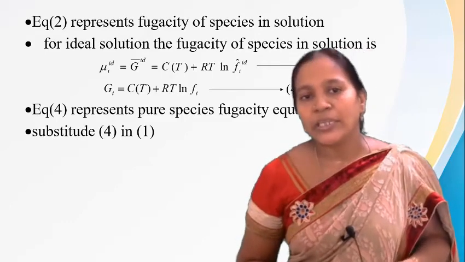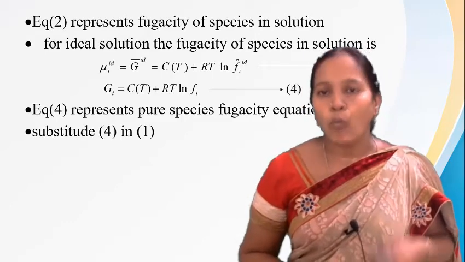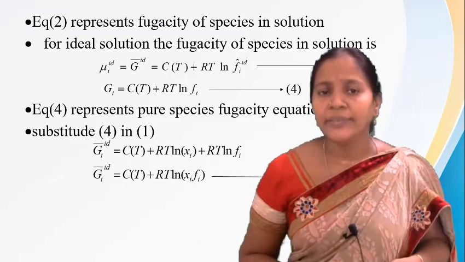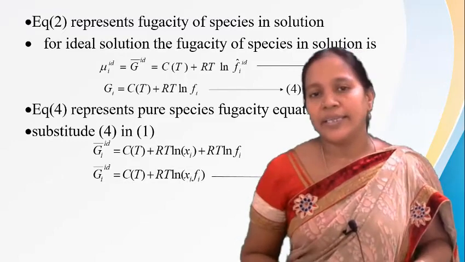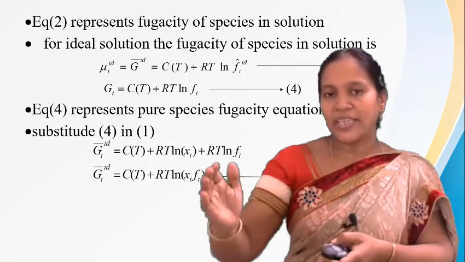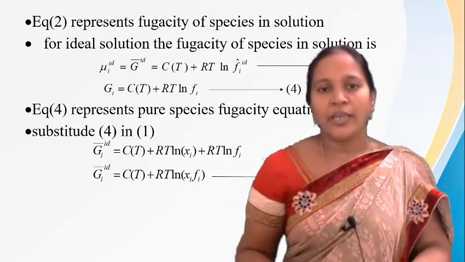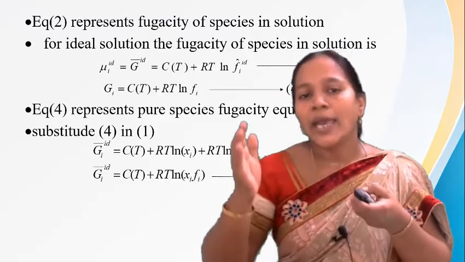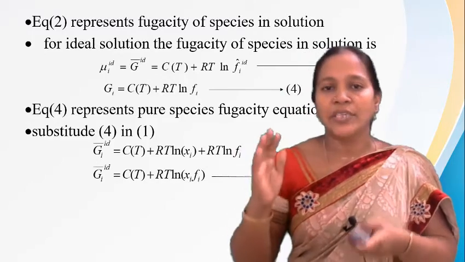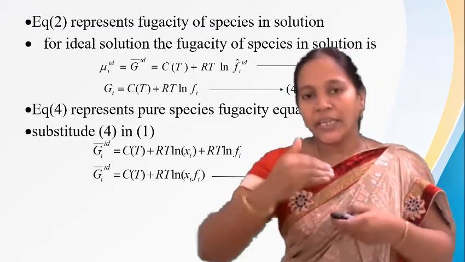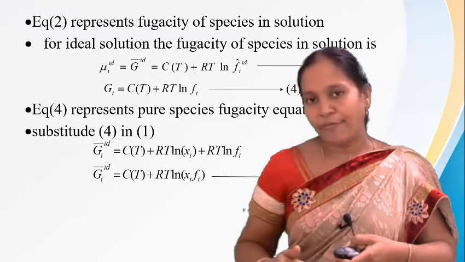Now substitute equation 4 in 1. Then G bar i ID is equal to C of T plus RT ln Xi plus RT ln Fi. Therefore, G bar i ID is equal to C of T plus RT ln (Xi Fi).